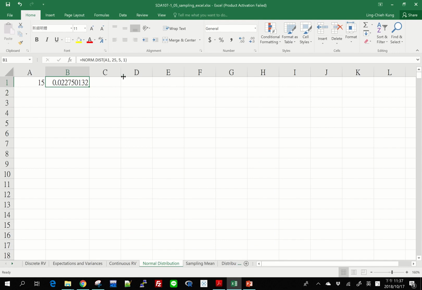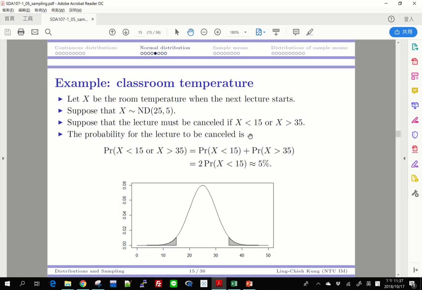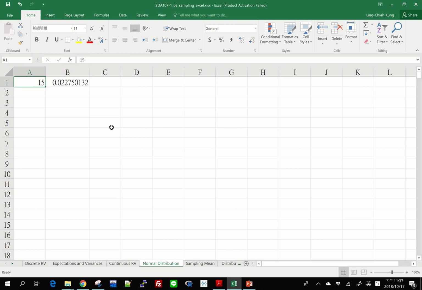So one thing to keep in mind is that this one here gives left tail probabilities. If you want to get right tail probabilities, you use 1 to subtract this left tail probability. So for example here, if I want to calculate the probability for x to be greater than 35, how to do that? I put 35 here, and then I get some value.